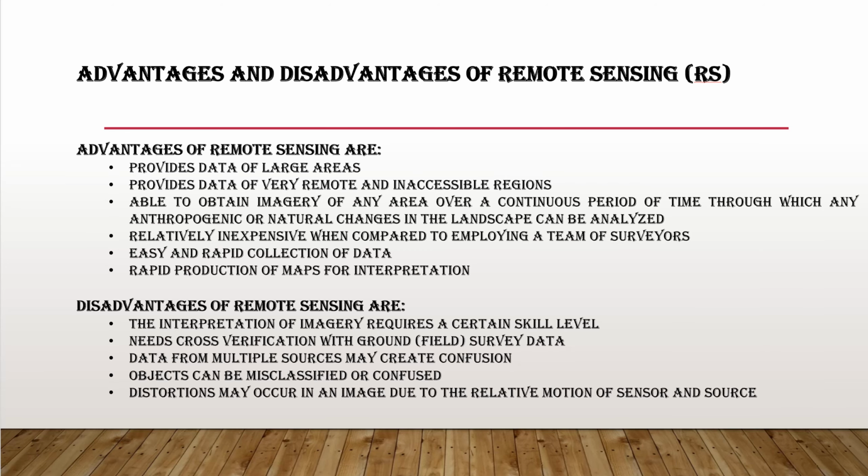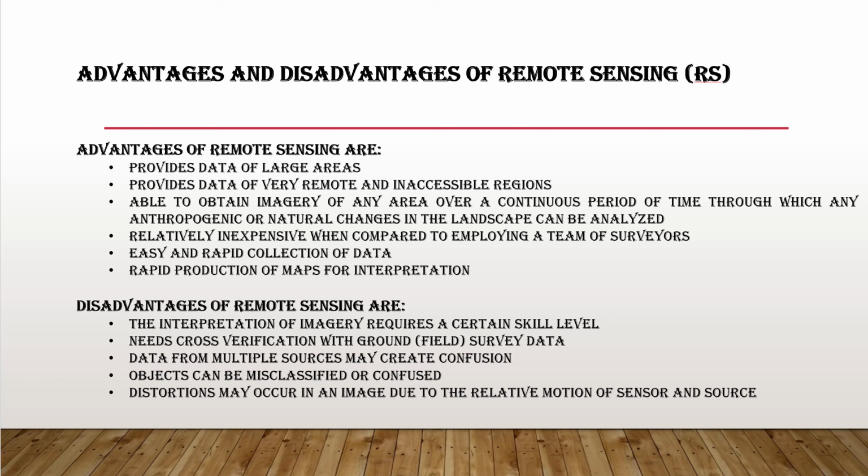Now we will discuss some advantages and a few disadvantages of remote sensing. First of all, we will see the advantages. The advantages of remote sensing are: it provides data of large areas, it provides data of very remote and inaccessible regions, and it is able to obtain imagery of any area over a continuous period of time, through which any natural changes in the landscape can be analyzed.